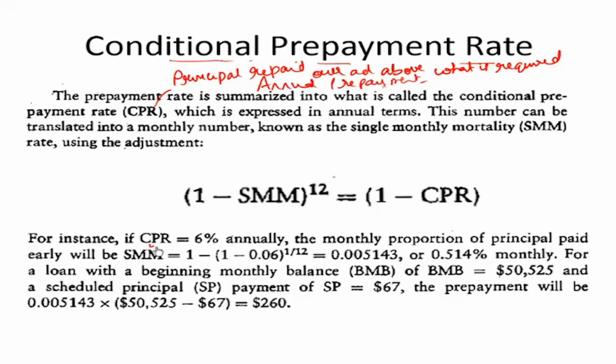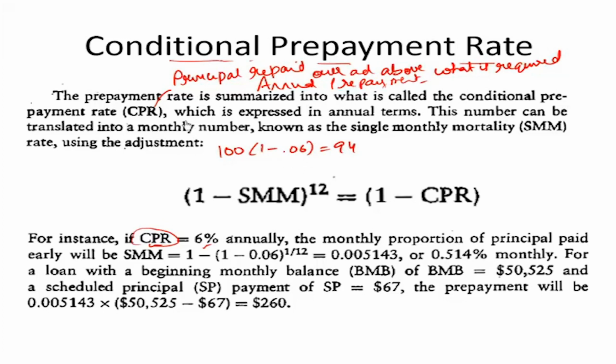So if 6% is the conditional prepayment rate annually, that is, if $100 was the outstanding principal, then 6% additionally will be prepaid. Or at the end of the year, 100 into 1 minus 0.06, that is $94 would be outstanding.